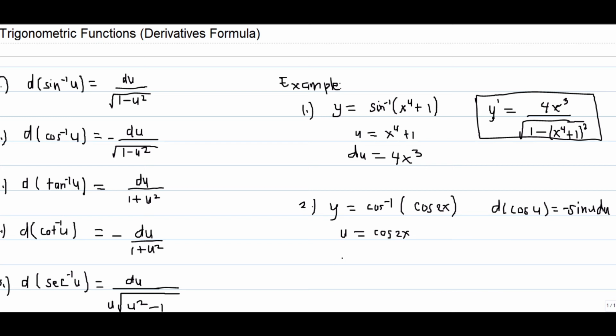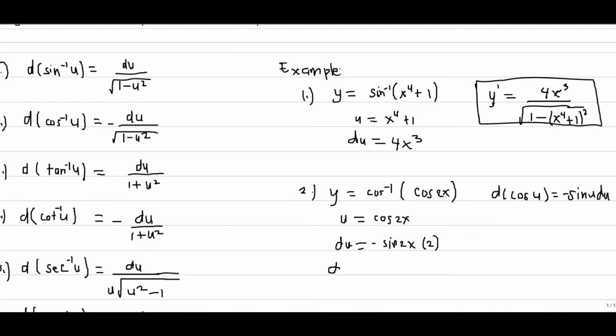Therefore du here is equivalent to negative sine 2x, and then we apply the chain rule to differentiate the 2x, which is equal to 2. So therefore du is equal to negative 2 sine 2x. Then apply this formula.